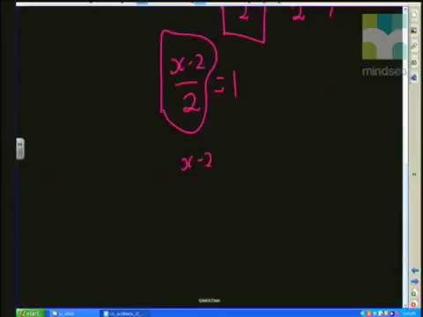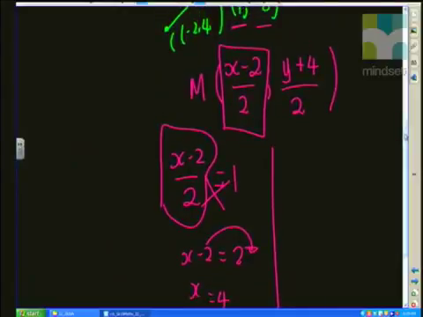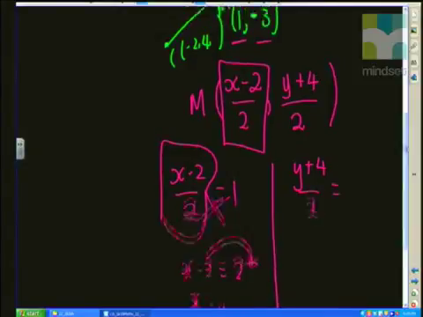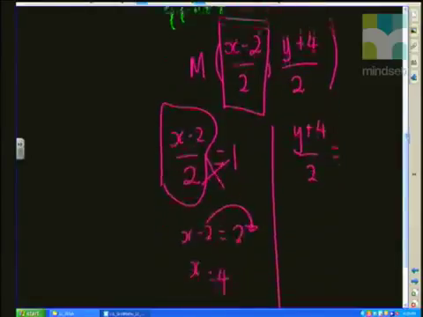I can then use that equation to solve for x. So x minus 2 is equal to 2, since I cross-multiplied there. Taking the minus 2 over to the right-hand side, x is 2 plus 2, which is 4. Similarly, for the y-coordinate, the expression is (y + 4)/2, and that's equal to the y-coordinate of the midpoint, which is minus 3.